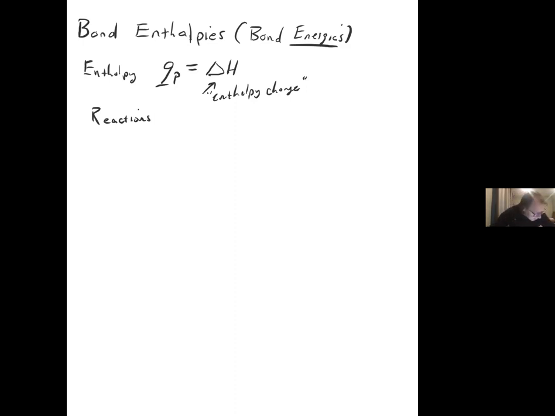So for example, if I take H2 and I react it with O2 to form H2O, really what we're saying is, hey, these hydrogen atoms, there's 4 of them here, right? 2H2 means there's four hydrogen atoms. Really what's happening is they're transforming into new substances, but it's really just a rearrangement of atoms, right?